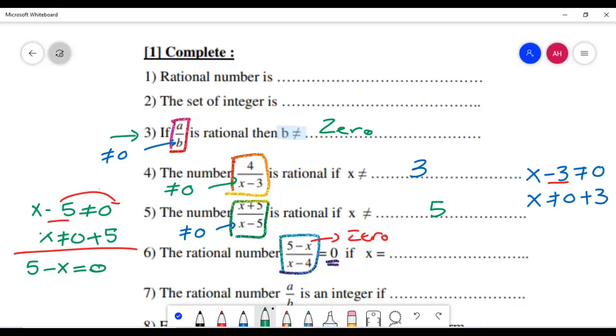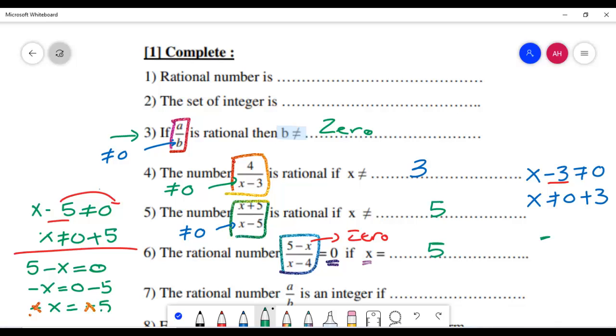I am going to move the 5 to the other side. So negative x is equal to 0 minus 5. Negative x is equal to negative 5. Here, I am looking only for x. What should I do to take away the negative sign? I am going to cancel it from both sides. So now x is equal to 5.